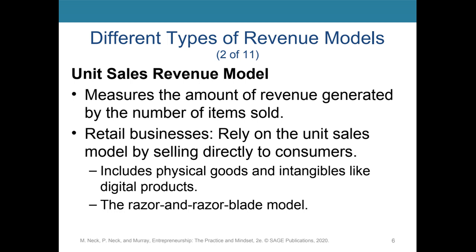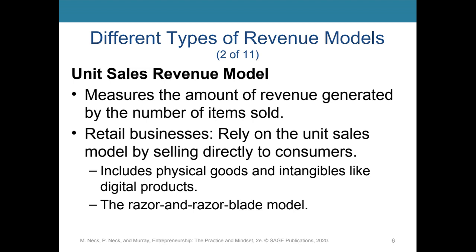The expensive part is the blades, because once they have your razor, they must buy the blade. And that's where you make a lot more unit sales, by selling these blades.